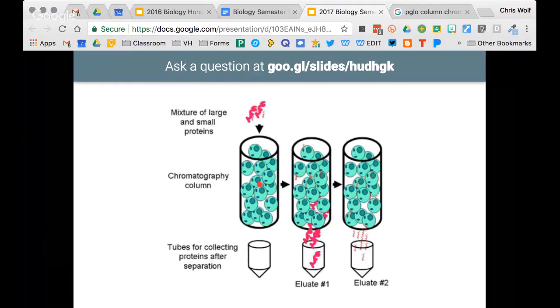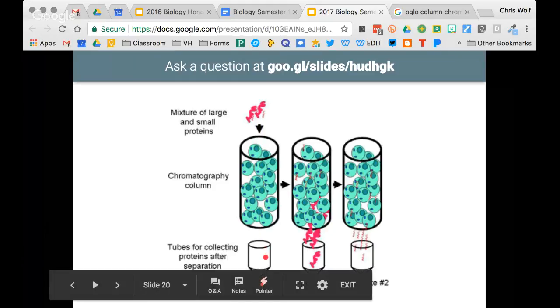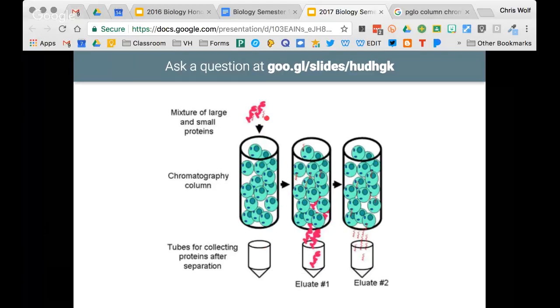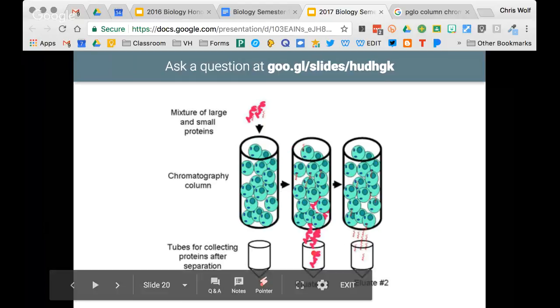The silica has little tiny holes, and the big ones can't fit in the holes, so they kind of slip past, and they fall out first. If you see this picture, we got big molecules and little molecules mixed together. We put them in a column, and then the big molecules fall out first, and the small molecules fall out last. So we can figure out that the molecules collected first are the bigger ones. The molecules collected in later fractions or later tubes fall out last. And that's the purpose of column chromatography.